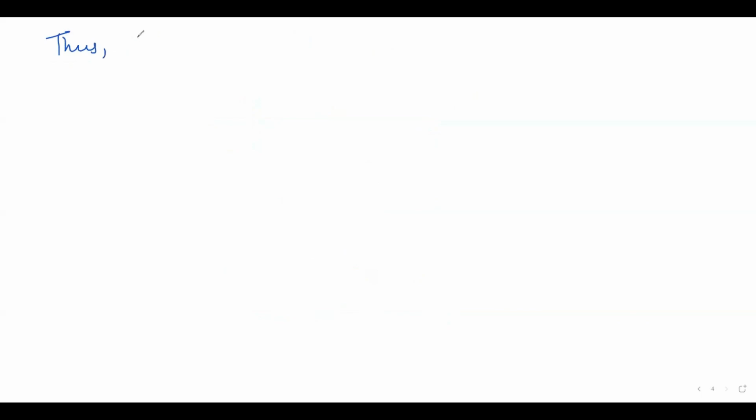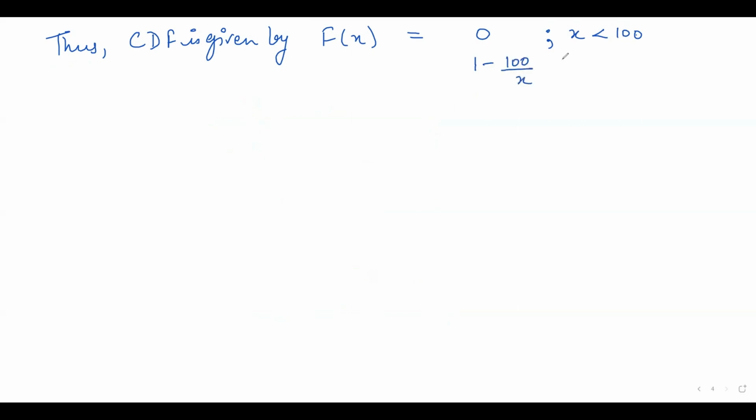Thus the CDF, the distribution function, is given by capital F(x), which is 0 when x is less than 100, and it is 1 minus 100 upon x when x is greater than equal to 100 and less than infinity. So this is what we have.